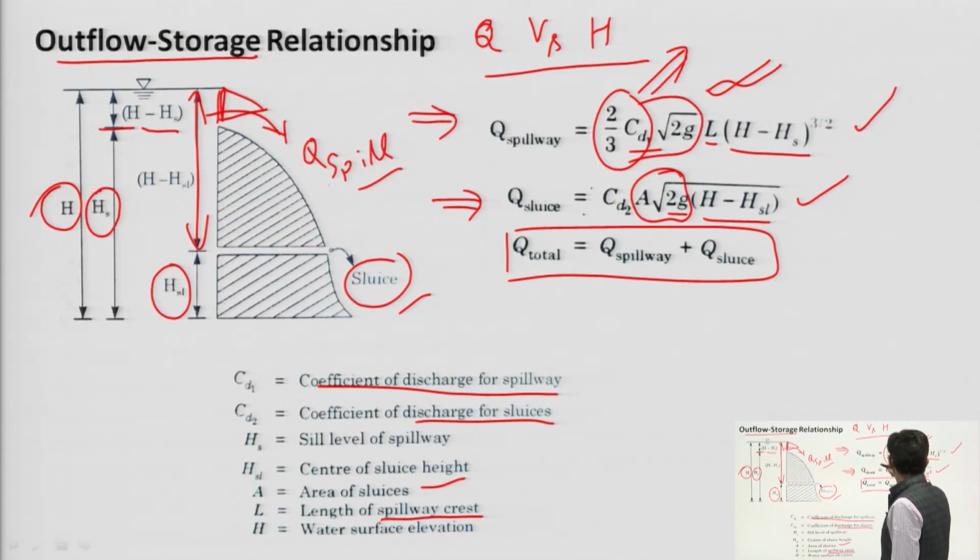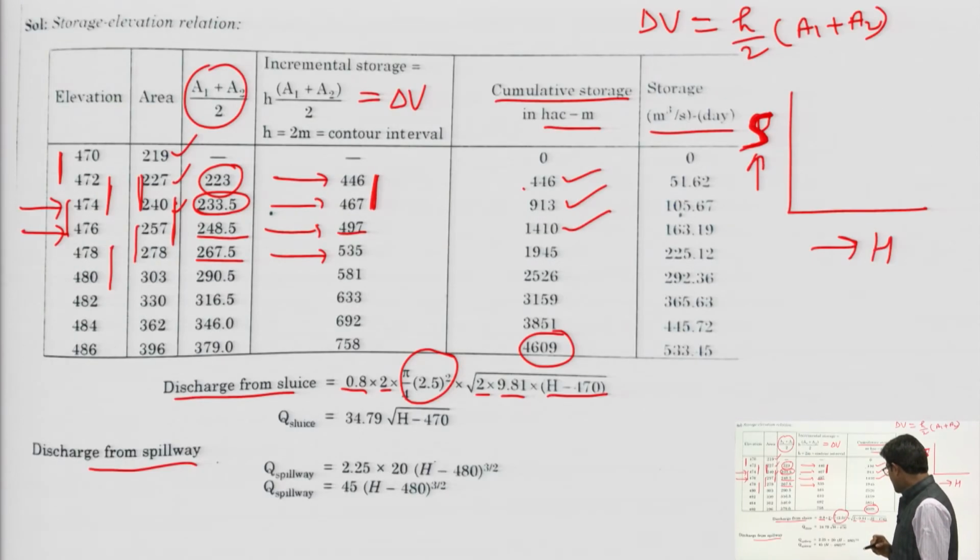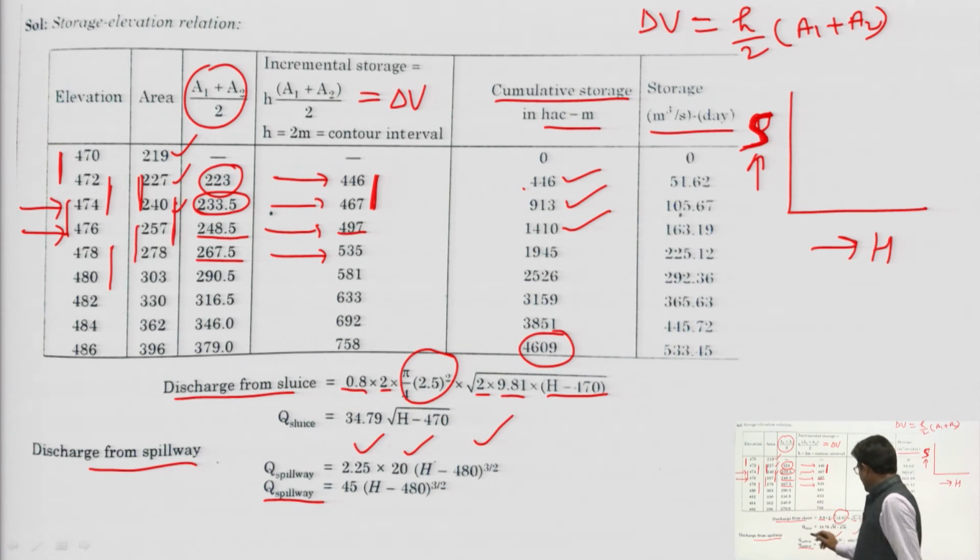It is L times (h minus hs) power 3/2. So, 2.25 into L into this gives the discharge through the spillway, which is a function of h. Let us call this equation 1.